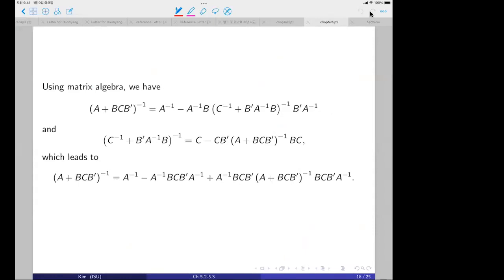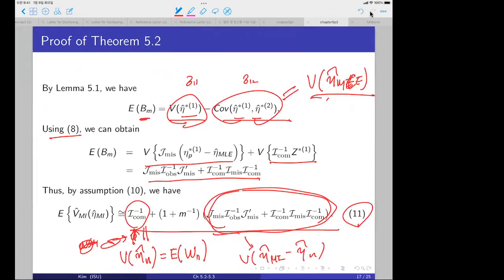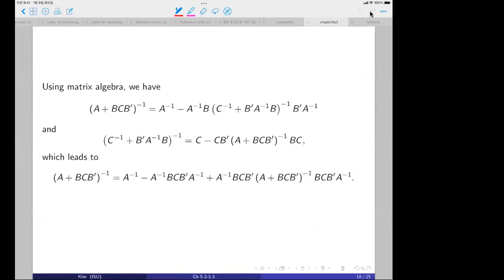Okay. So to simplify this, to understand this second term, we want to use this matrix algebra. Sometimes this matrix algebra is called the Woodbury matrix identity.